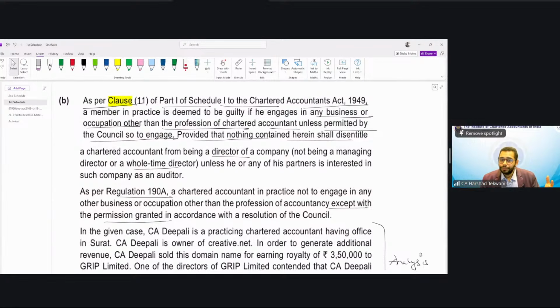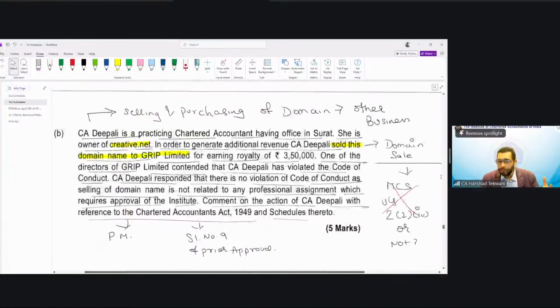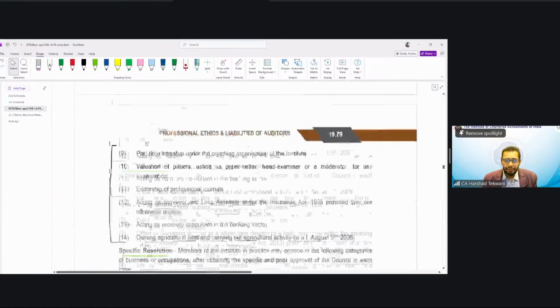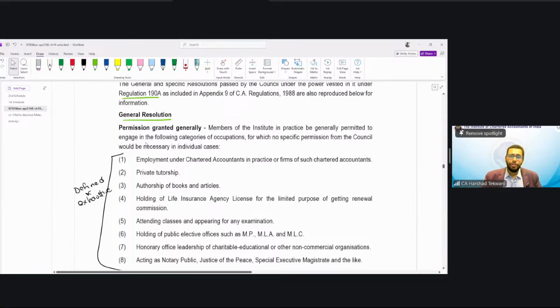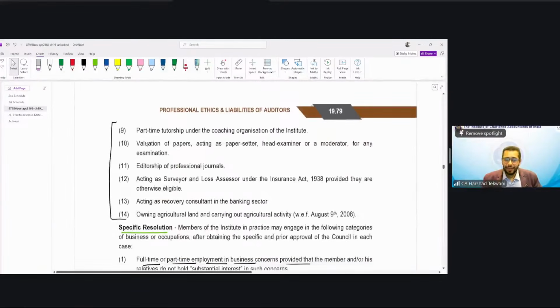Any doubt with respect to this question? Because this was a particular new area, a residuary area which is not directly given, there is just something you need to interpret. You need to understand how the list works. The first part, general permission, where the list is exhaustive. That means you cannot assume that there is something more in the general permission unless and until it is specified.